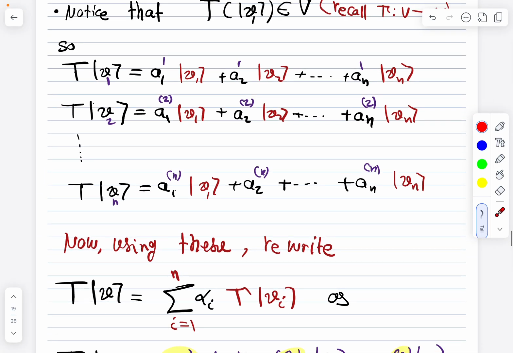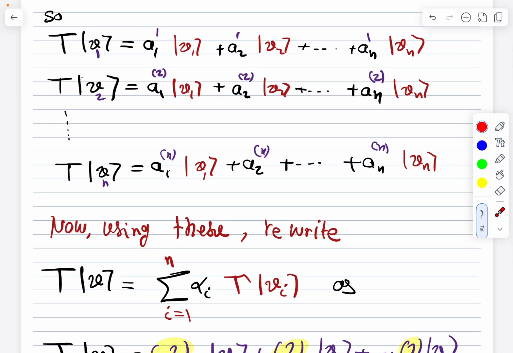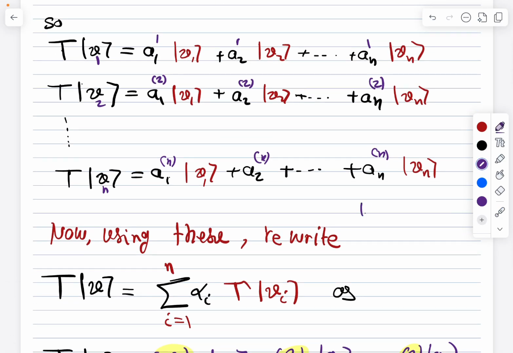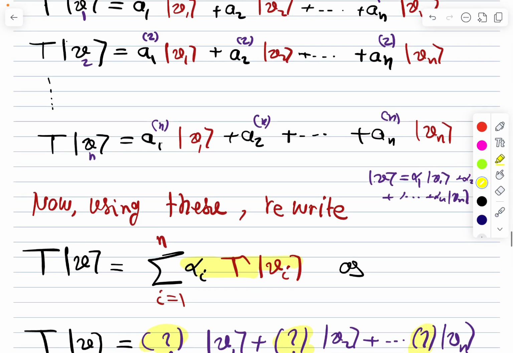So now we can use the following fact. Let's apply T on v. Let's assume that v is a linear combination, which I'll now call alpha 1 v1 plus alpha 2 v2 plus until alpha n vn. So the alphas are the components of my vector v, so it can be written like this. We saw it in the previous slide.